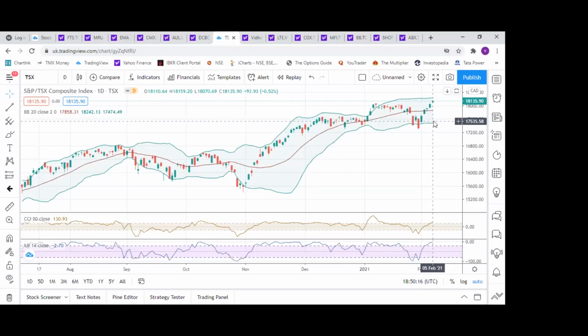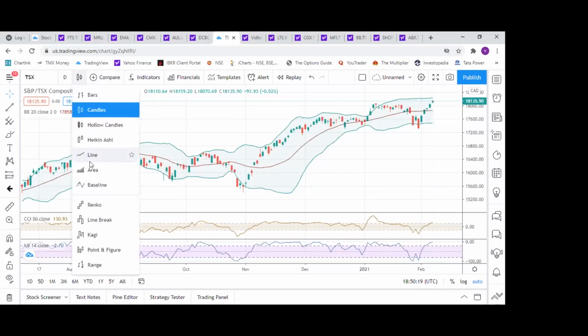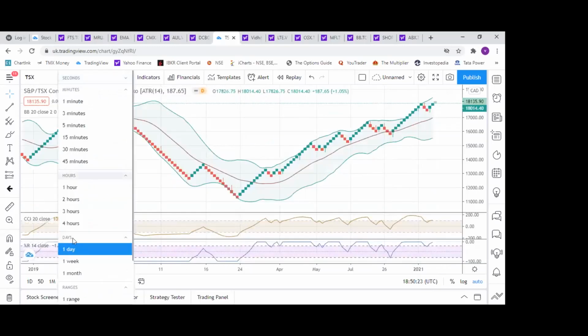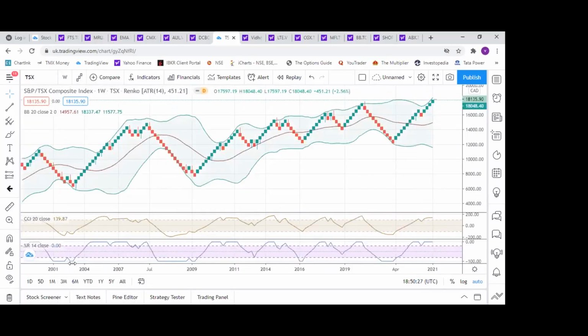Right? Now, let me go back to Renko again and show the effect on a weekly basis. Same TSX on a weekly basis. Clear?